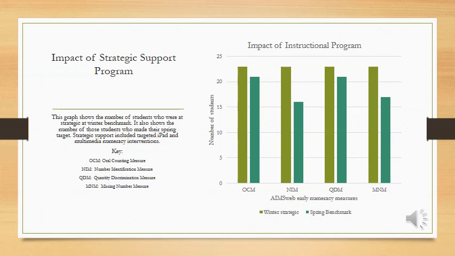Strategic support included targeted iPad and multimedia numeracy interventions. The key explains the four measures. Strategic students are those students that AIMSweb identifies as neither intensive nor have they met their benchmark yet. They're there in the middle and need extra support, so by the end of the year they can make their targets.